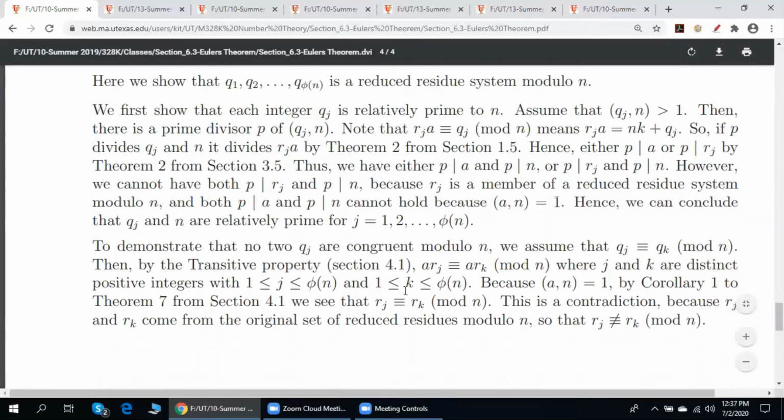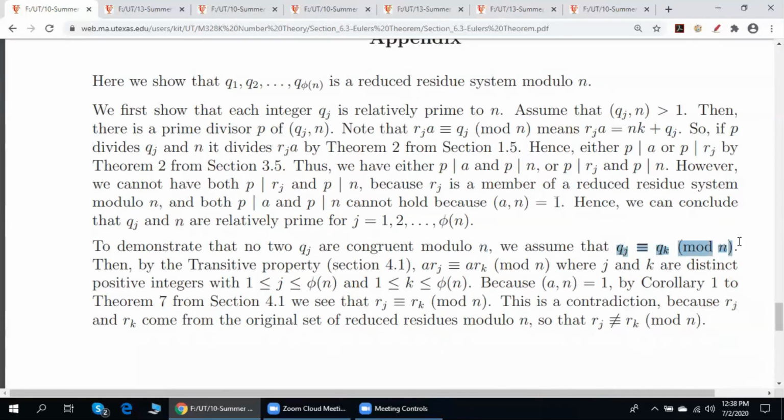Lastly, in order to prove that there are no two Qj's that are congruent modulo n, we assume to the contrary that they are. Now, if this is true, remember Qj is Rj minus nk. If this is true, these guys are congruent. It's exactly what we have over here.